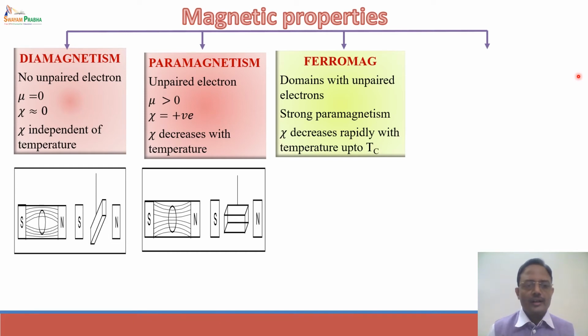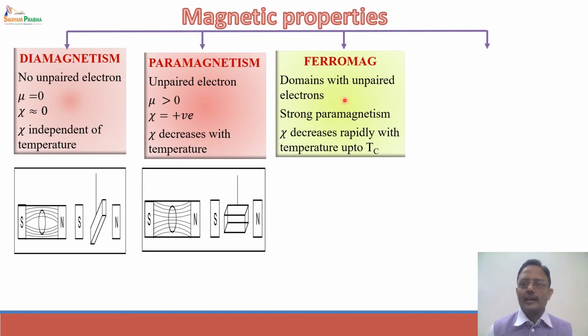We normally call it an extreme case of paramagnetism, when a large number of unpaired electrons are present in the form of domains. Domains are regions in the substance where all the electrons are aligned in a particular direction.